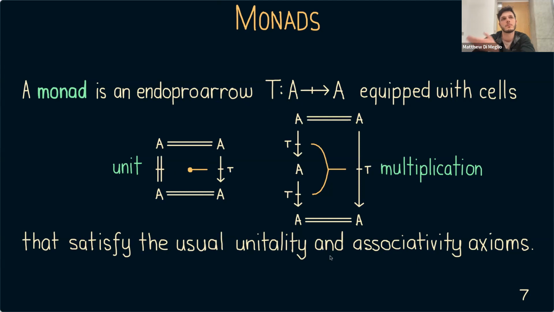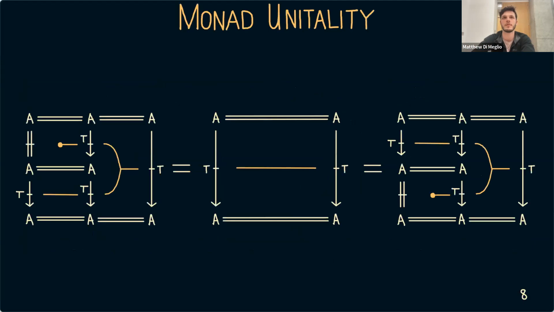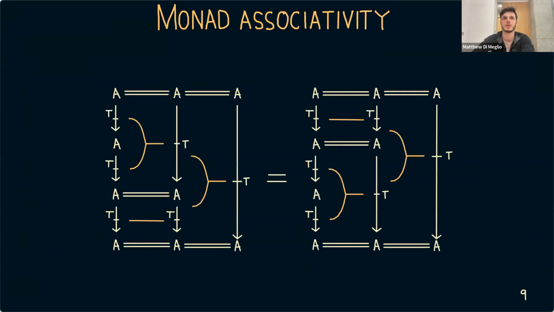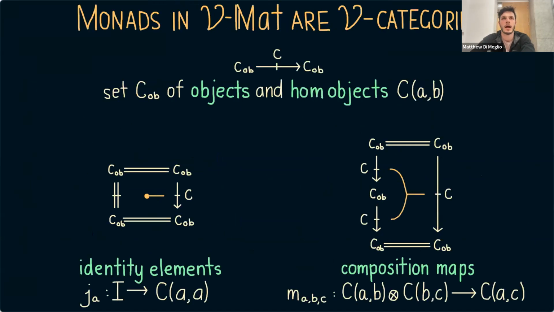So, I mean, if you've seen monads in other contexts, then you should be able to guess what these axioms are, but I'm going to show you briefly anyway. So here's the unitality axiom, and here's the associativity axiom. And I guess I've included these so that if you want to look at the slides later, you can go back and have a think about them.